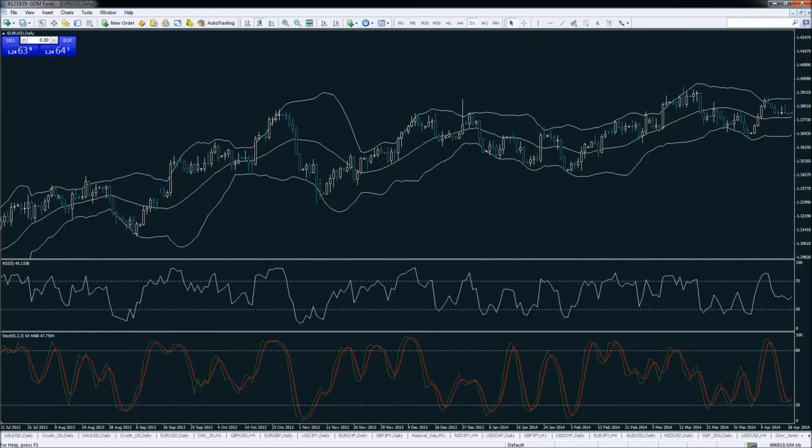Now, before we look at some chart examples of how we're going to trade this, it's very important to know that overbought readings are not necessarily bearish. The price can become overbought and remain overbought during a strong uptrend, or vice versa for a downtrend. This is something that you need to remember, guys.